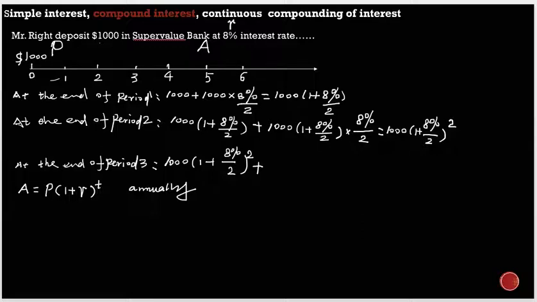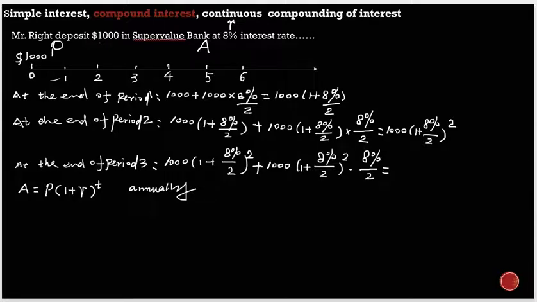The new principal, write down again, times the interest rate for half year, so it's 8% over 2.